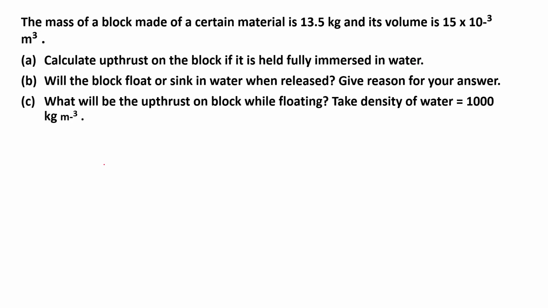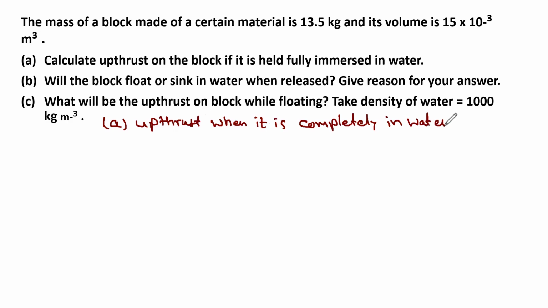So in first part, we need to find out the upthrust when it is completely immersed in water. So we know that the formula for upthrust is volume inside water into density of water into g.